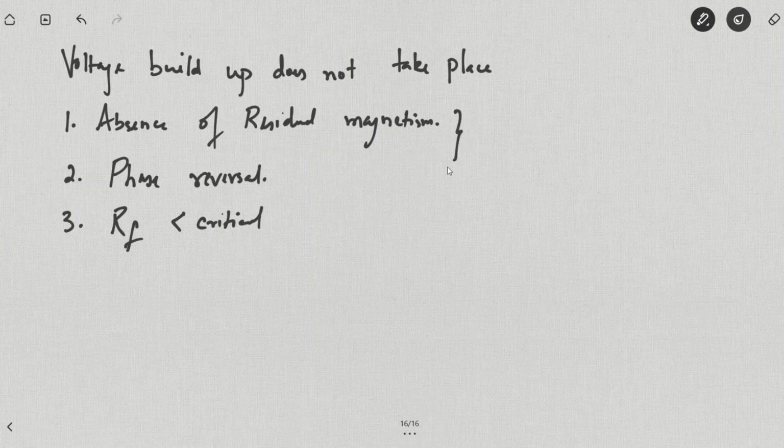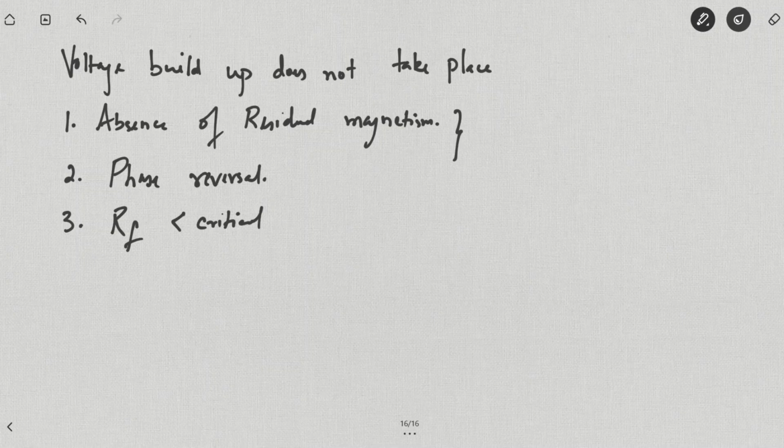For getting rid of the problem that I discussed here, that of no residual magnetic flux being present in the system, what we can do is flash the fields.